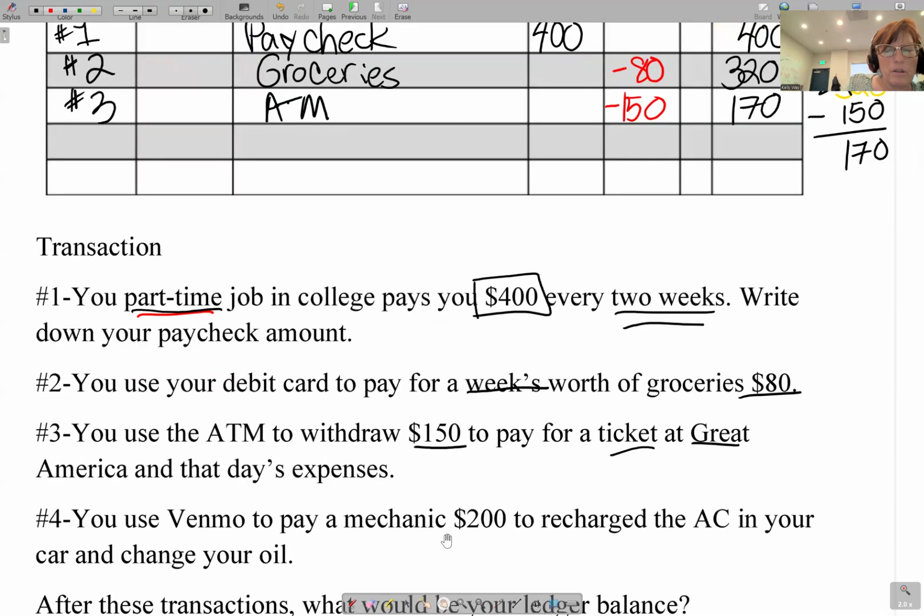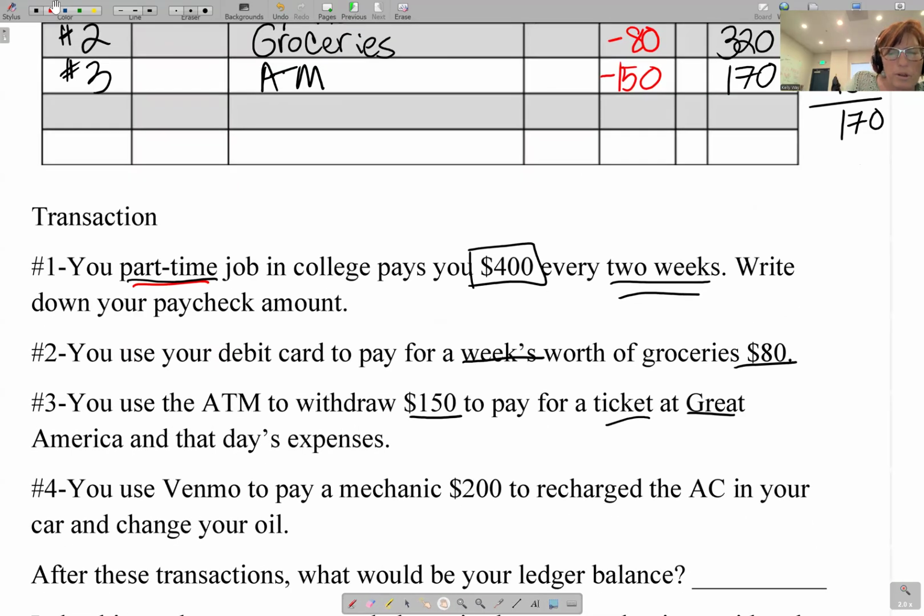Transaction number 4, you use Venmo to pay a mechanic $200 to recharge your air conditioner in your car and change your oil. Mechanic, and we are subtracting $200. But we're now going to go below 0 because 100 to 0 is $170.